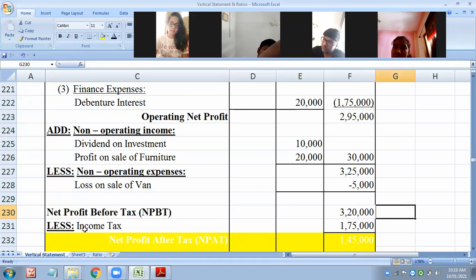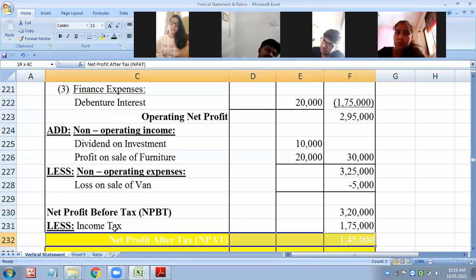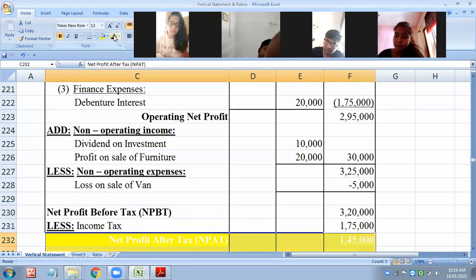Very important, net profit before tax. And then after deducting income tax, we will get net profit after tax.